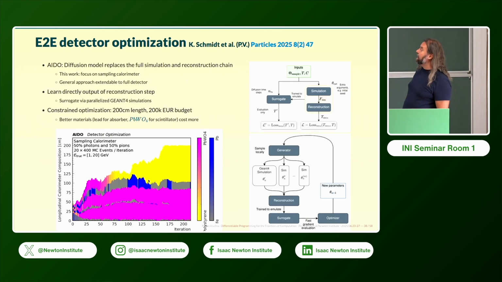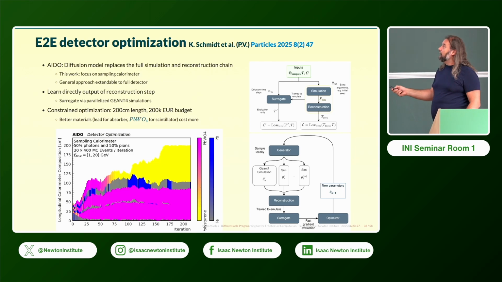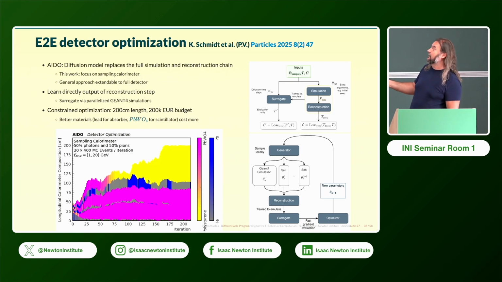The other thing we do is we optimize end-to-end what we call calorimeters, and I realized that I put the explanation of the calorimeters later. So actually, I will briefly skip this and talk about it if we have time at the end. But broadly, it's an optimization of a multi-layered system where each layer can be made of different materials.